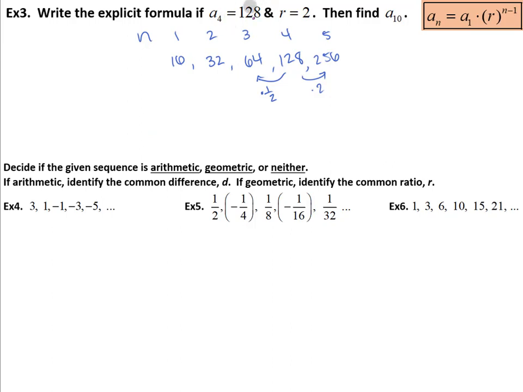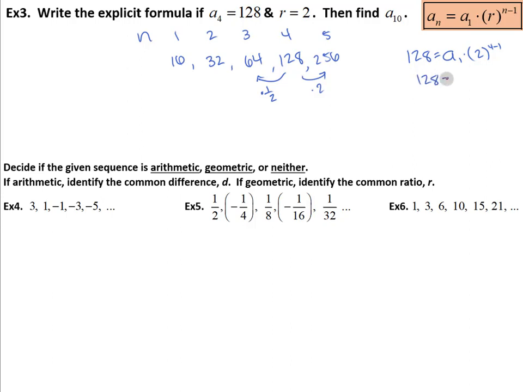We can also algebraically find it. If I know that at position 4, our value is 128, I can plug in the value here of 128 and a position of 4 for n. Now, I don't know the first term, so we could algebraically solve for it, but my common ratio is 2, and we get 128 at position 4, so 4 minus 1.